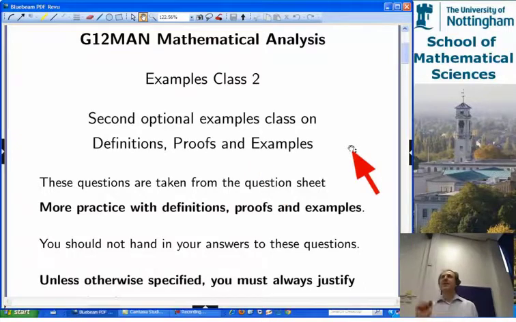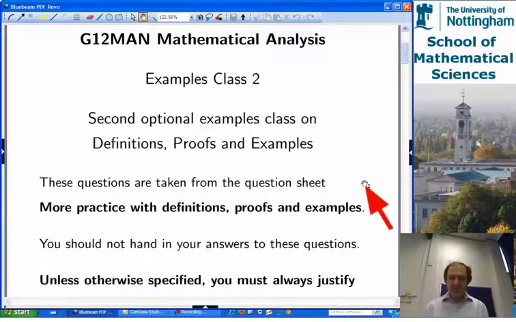So what I've done is I've extracted a selection of questions from this rather large question sheet that I've given you, full of examples on definitions, proofs and examples. I produced this extract as unannotated slides for you to write on if you want to for this session.